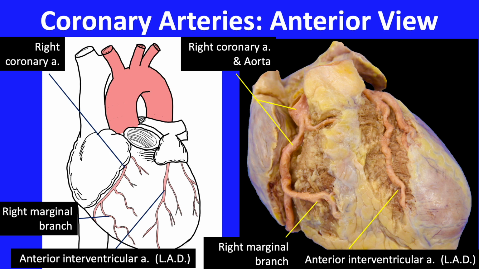It is a branch of the latter. The left coronary artery can be observed in the dissection, but not directly emerging from the aorta. The last artery we see is considered a diagonal branch from the anterior interventricular artery. There can be several or just one, as in this case.